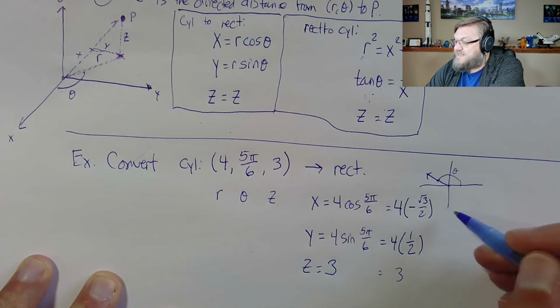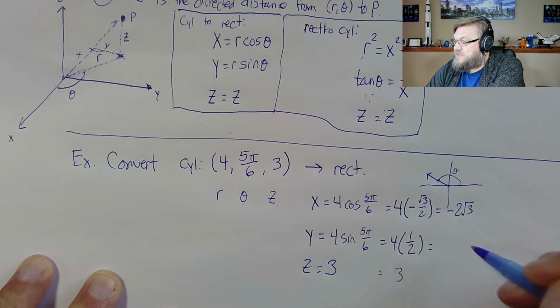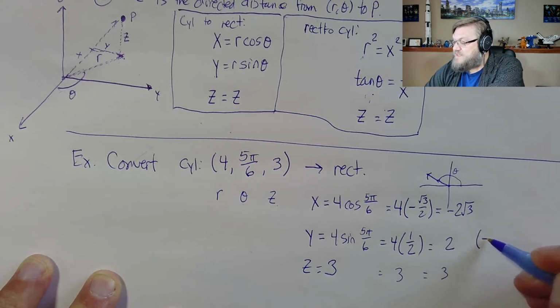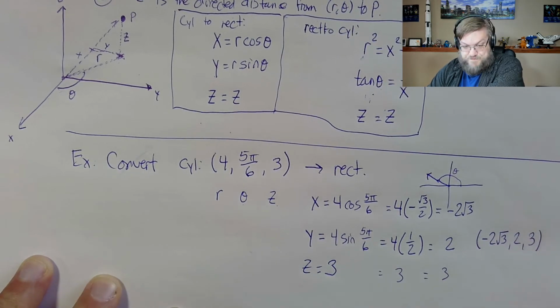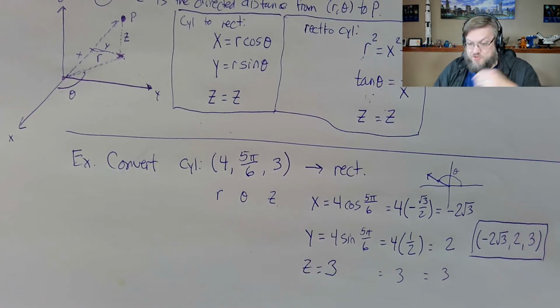And so I get negative 2 root 3, 2, and 3. So my coordinate in rectangular space is (-2√3, 2, 3), and that's the coordinates of this cylindrical point.